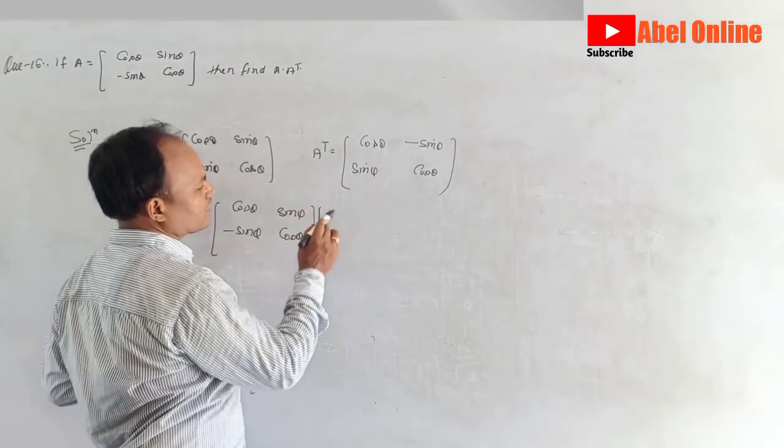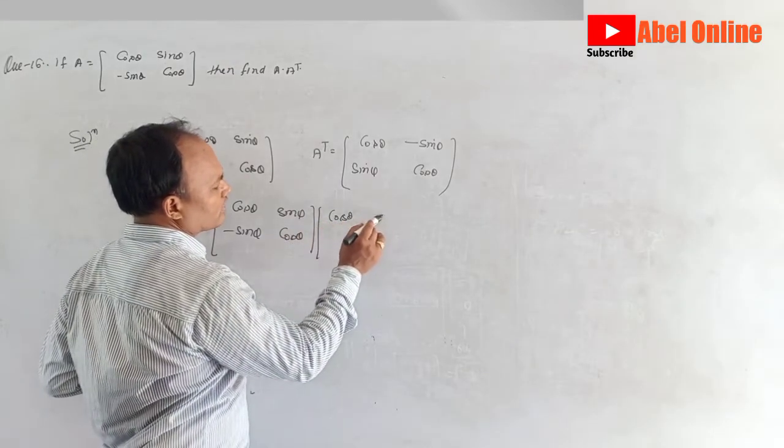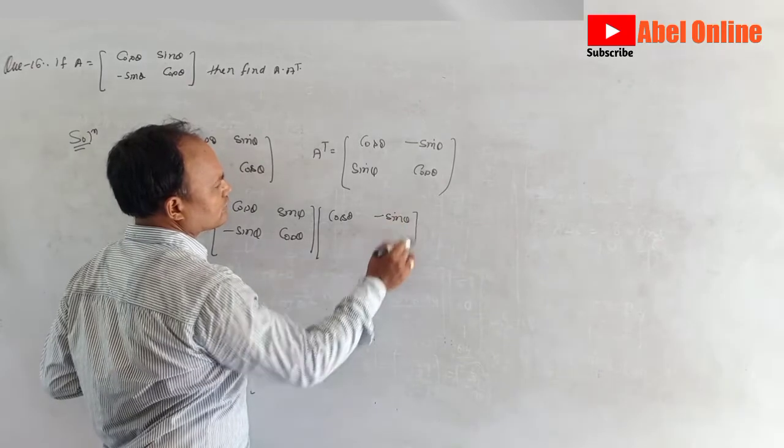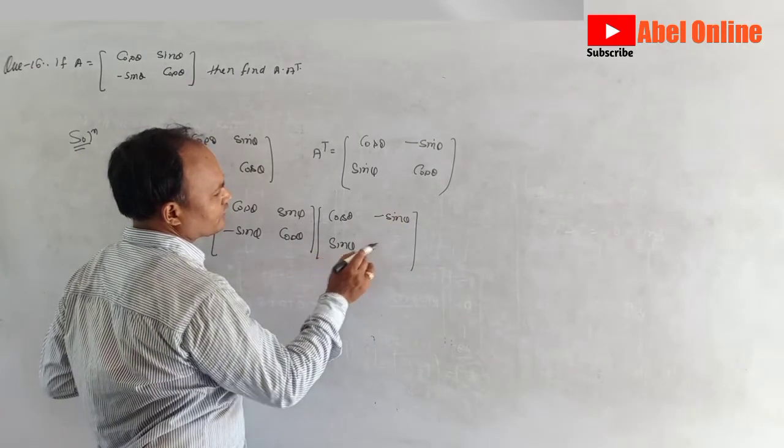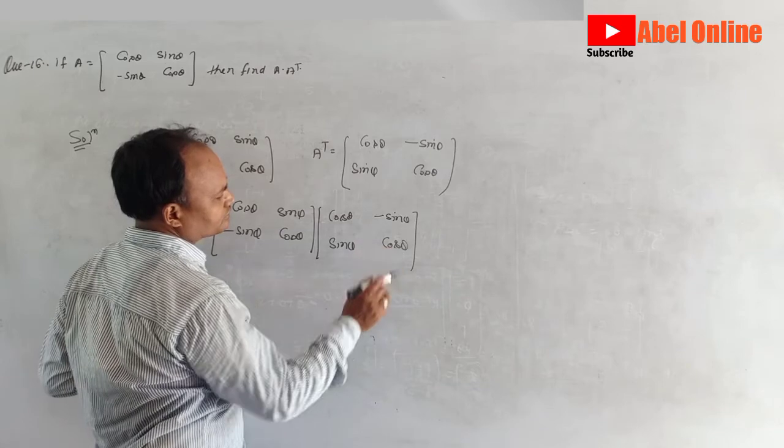So A multiplied by A transpose is cos theta, sin theta, minus sin theta, cos theta, multiplied by cos theta, minus sin theta, sin theta, and cos theta.